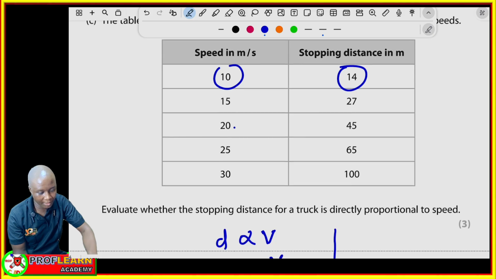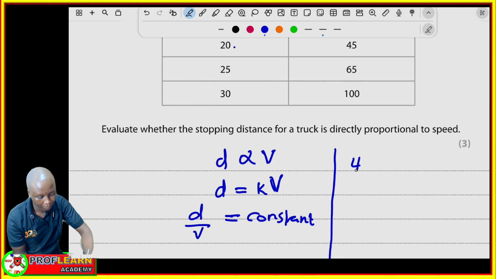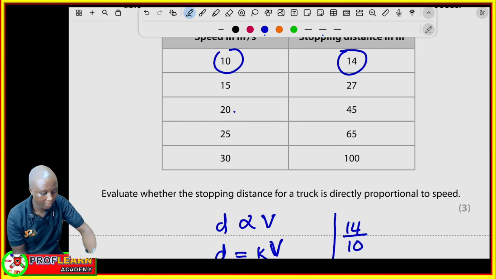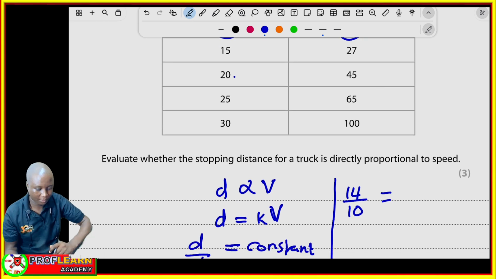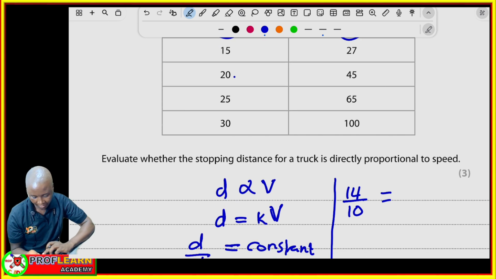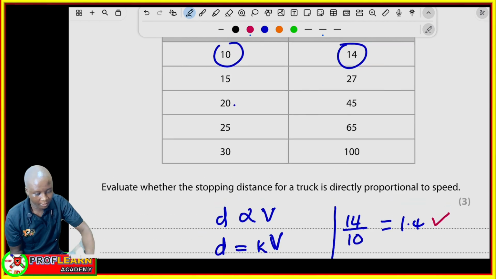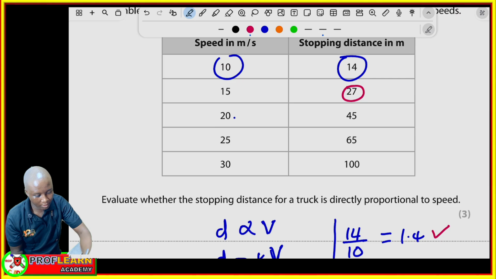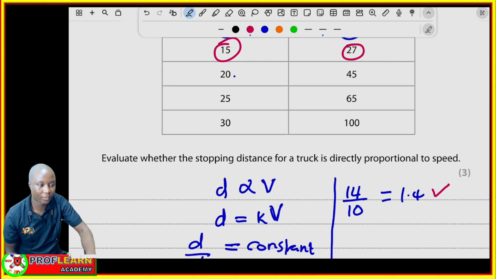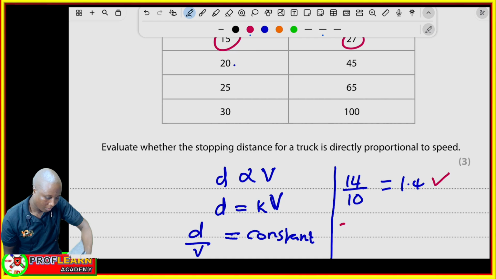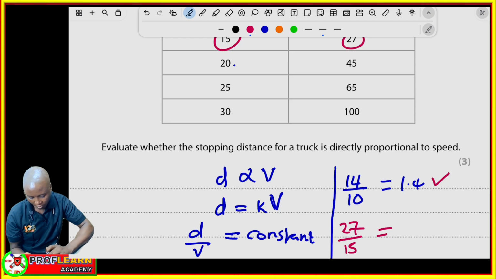When the distance is 14 and speed is 10, let me check what the constant is. 14 divided by 10 is 1.4. Let's try when the distance is 27 and the speed is 15. Are we going to get the same constant? 27 divided by 15 is 1.8.